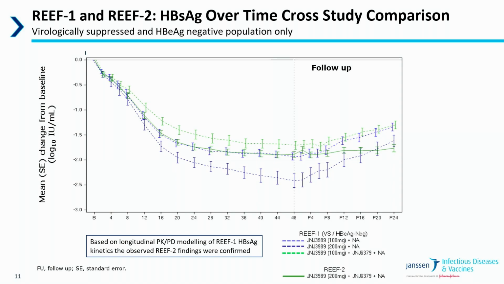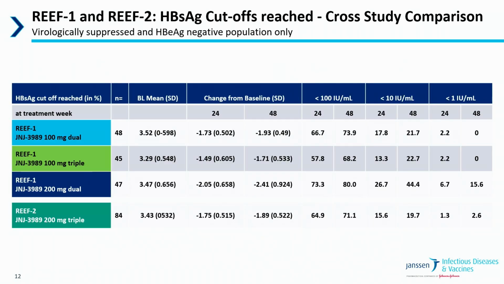So in Reef-1, there were patients who stopped the nuke, but this is in the range of 10 to maximal 30% per arm, which is different from Reef-2. In Reef-2, every patient stopped the nuke at end of treatment, and I suppose we are mainly seeing this effect as a reason for the long flat line.